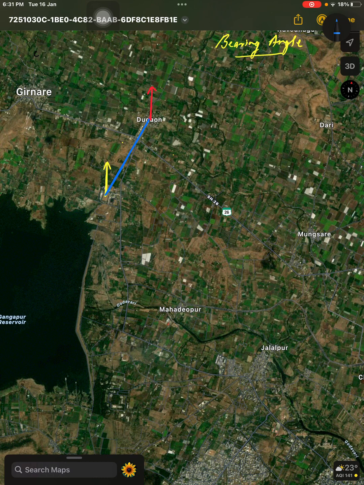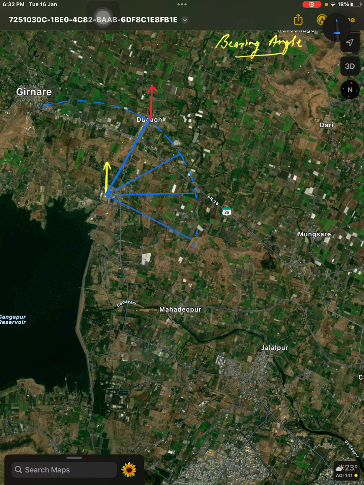The angle makes it unique. Why I say that is because in this proximity, in this radius, if I take this blue radius and make a circle around this, there could be several other places in this radius. Now all these places would actually be at the same distance as Fravashi to Dugaon, because they are in the same radius.